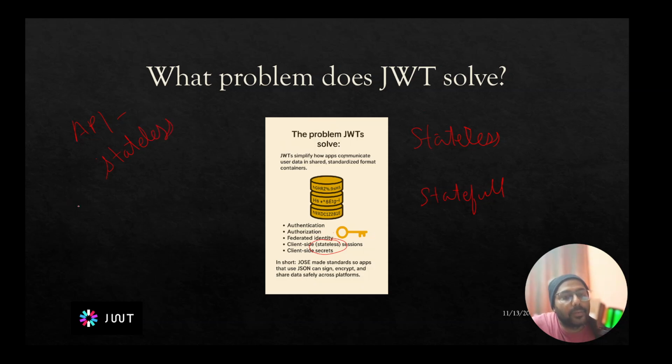Because suppose you call a GET API, the response or status of this API is not going to affect the next request. So it is stateless, it doesn't maintain any state. All the requests are independent. It is not like one request is going to be dependent on other requests. So that is called a stateless application, so it's not maintaining state.